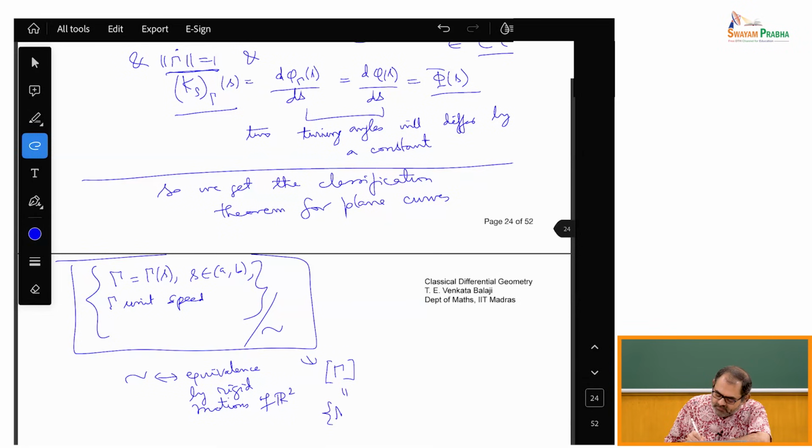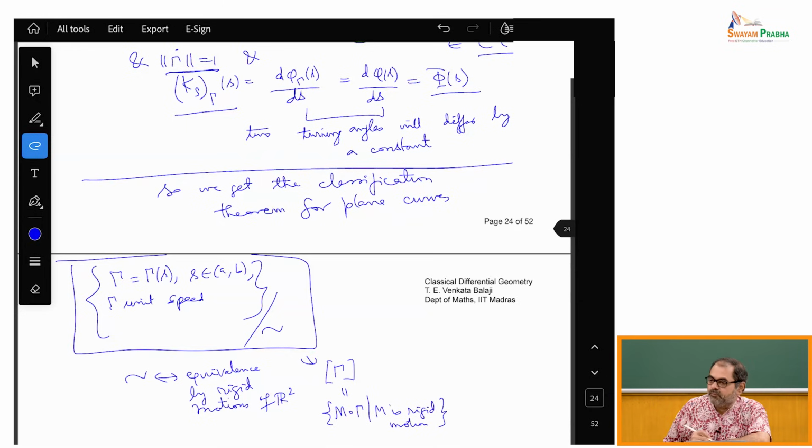Any member here is written as square bracket gamma, where the square bracket of gamma includes all curves which are rigid motion equivalent to gamma. So this square bracket gamma is the set of all M circle gamma, where M is a rigid motion.